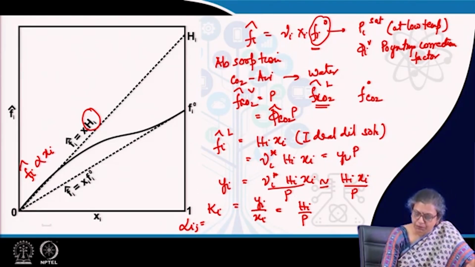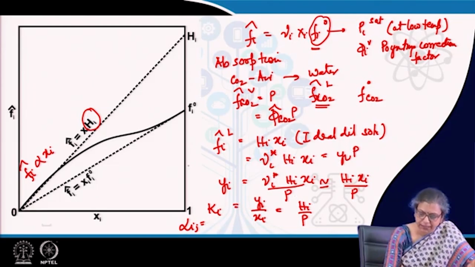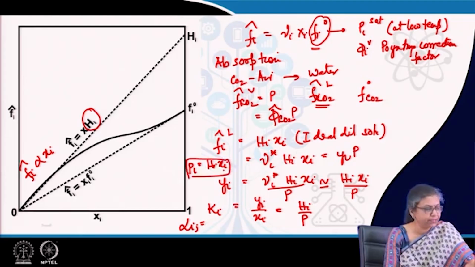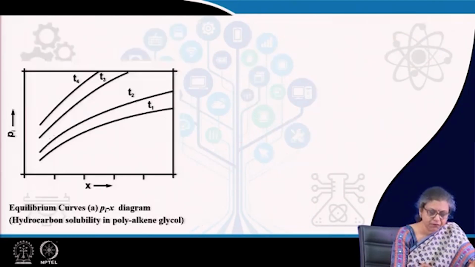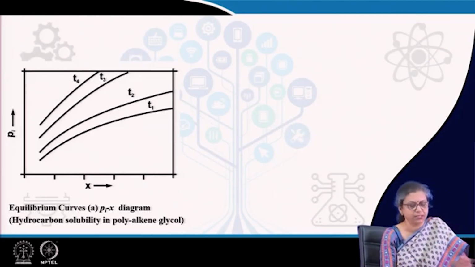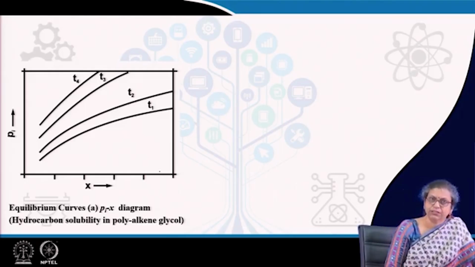So, in order to do that, we find that Pi in this particular case corresponds to Hi into Xi. So, once you know Xi, we can generate the partial pressure data, and we can generate the Pi versus X data for different conditions.